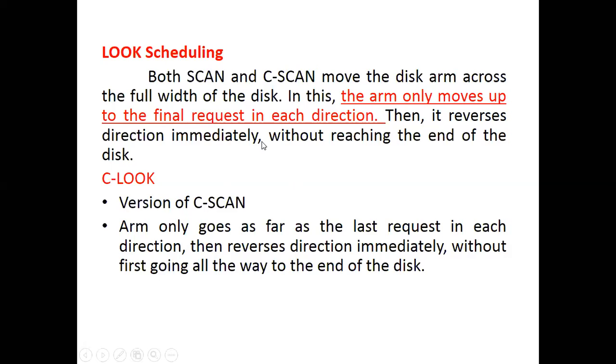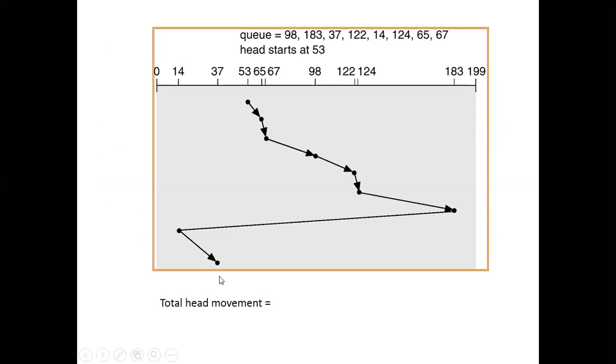Once you reach the final request in one direction, you don't need to touch the other end. You can reverse the direction and start servicing. This is called LOOK scheduling. Another variation is C-LOOK. It is a version of C-SCAN, so during the reverse trip, you should not service the requests.